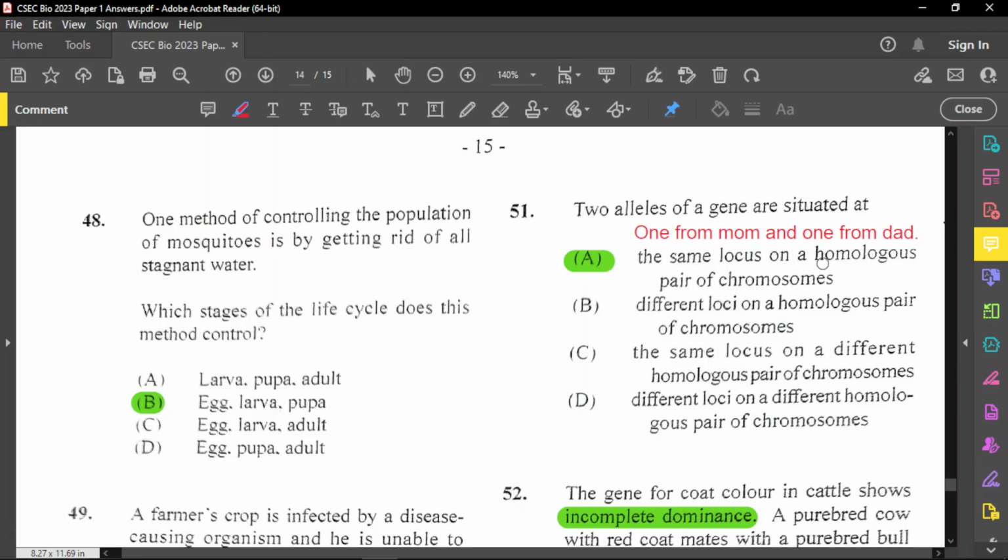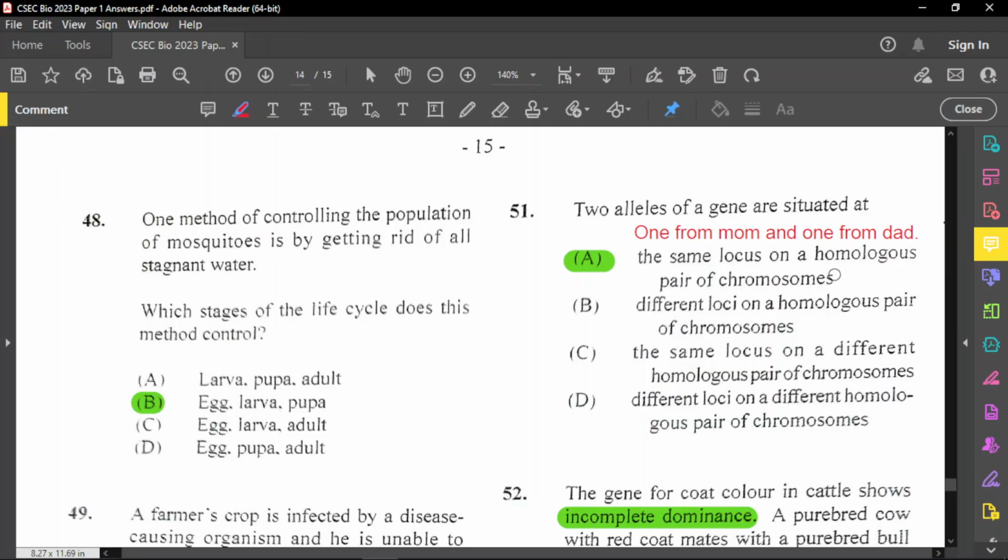The same locus on homologous pair of chromosomes. Now, I want to note this key word, homologous pair. From each homologous pair of chromosomes, you get one from your mama and one from your papa. So your mom and your dad actually give you one each of those pair of homologous chromosomes.